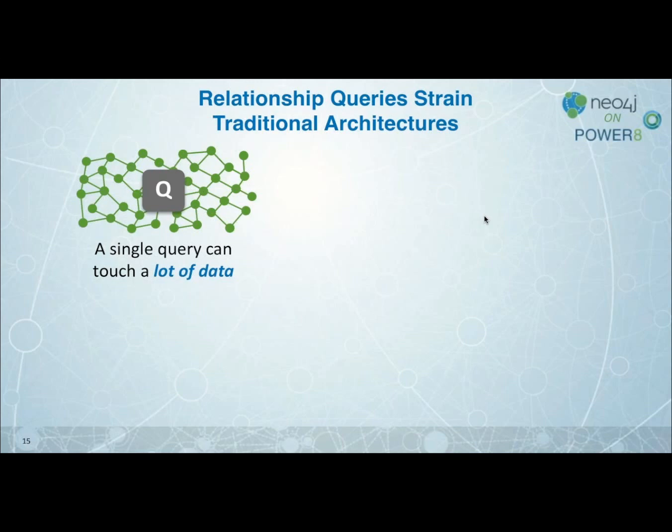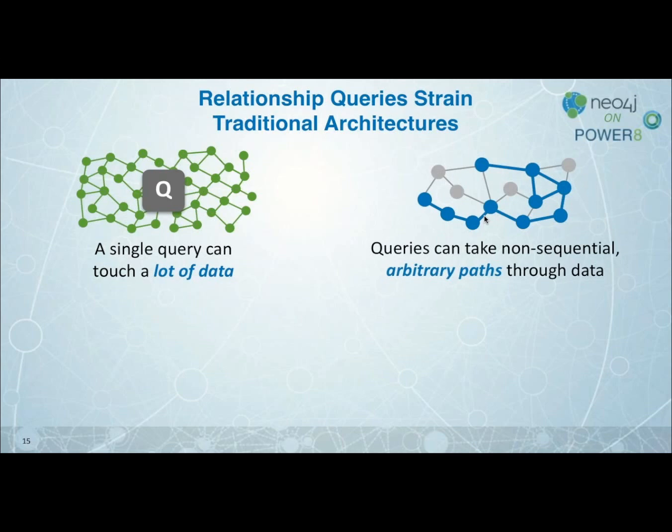If I want to do a friends of friends query, a Kevin Bacon kind of thing, or which is useful in an IoT scenario, what's the shortest path between these two components? That can touch a huge amount of data, and that can bring a relational database down to its knees, let alone another NoSQL database that doesn't even have the rudimentary relationship constructs that a relational database has.